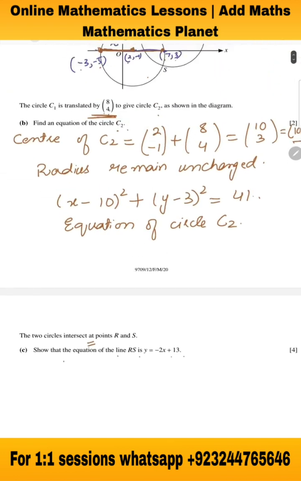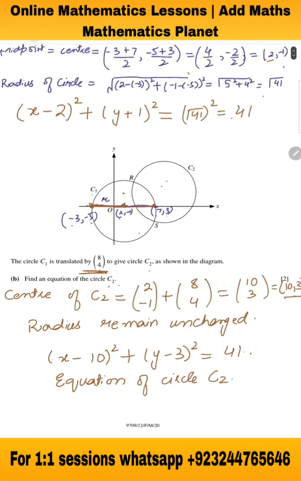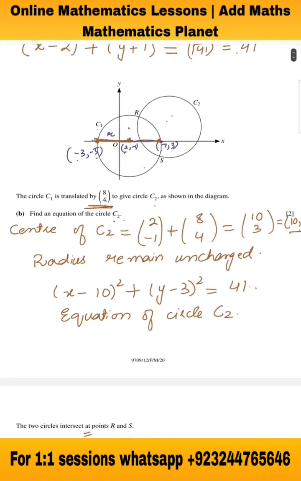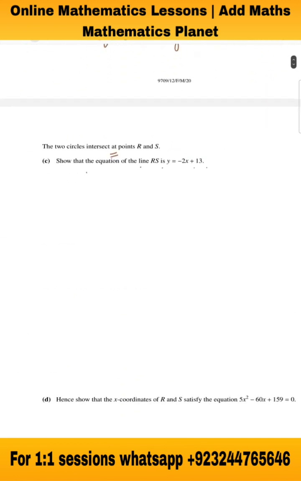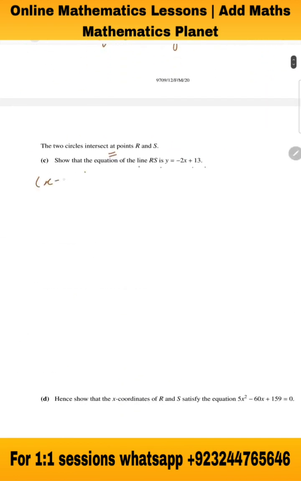Okay, so what is the first equation of the circle? The first equation of the circle is (x minus 2) whole square plus (y minus 1) whole square, which is equal to 41.